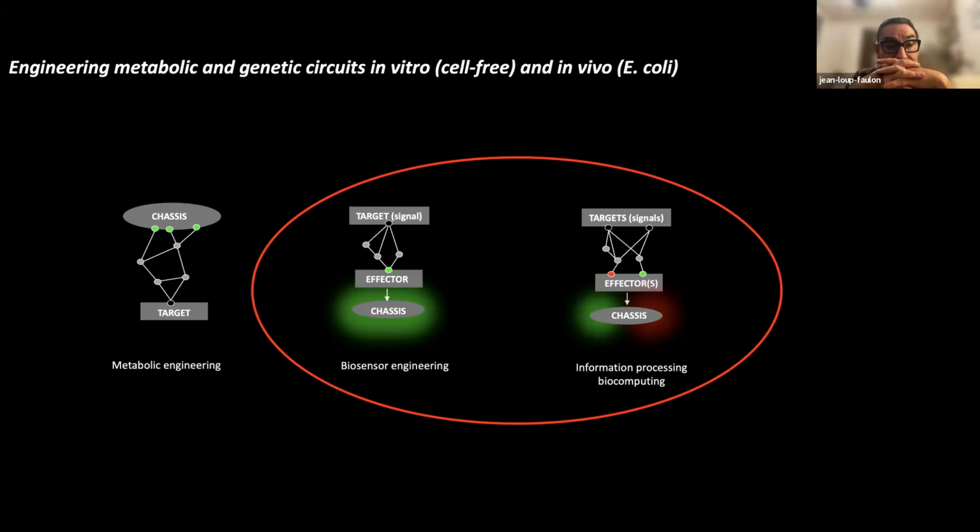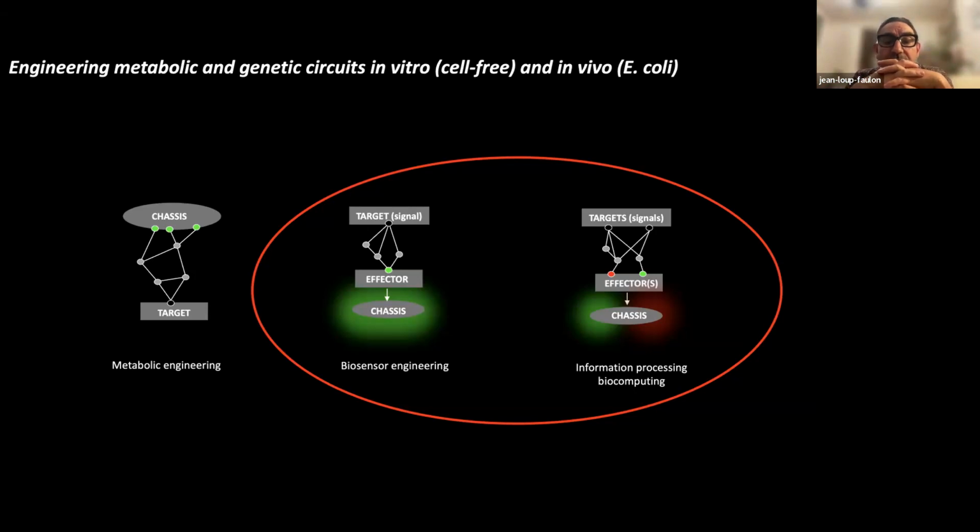But if you use all the knowledge that has been accumulated throughout the years in metabolic engineering, that is all these enzymes that we know that can transform molecules into other ones, you can actually build pathways that degrade molecules that are not necessarily detectable into detectable ones, which we call effectors, those that will bind transcription factors or riboswitches.